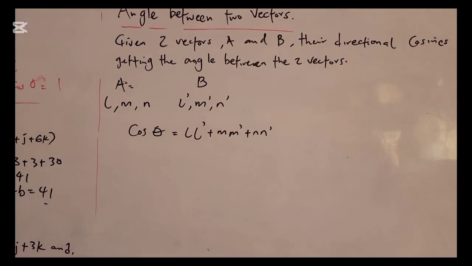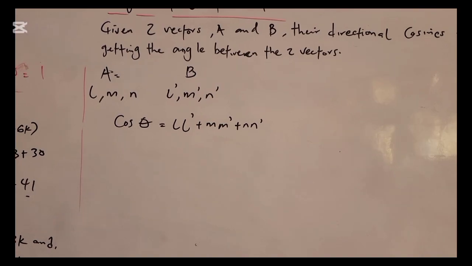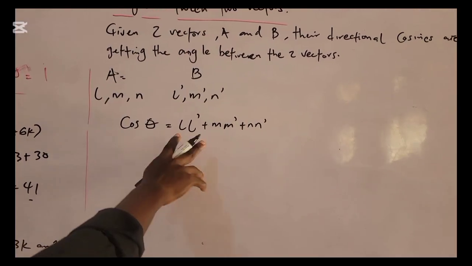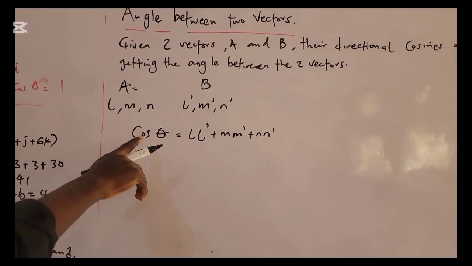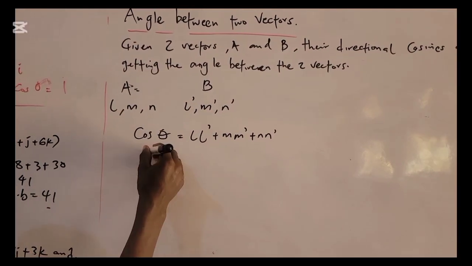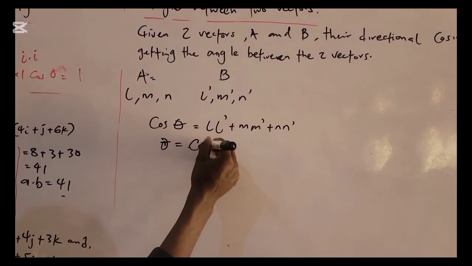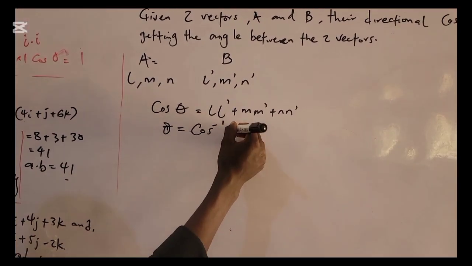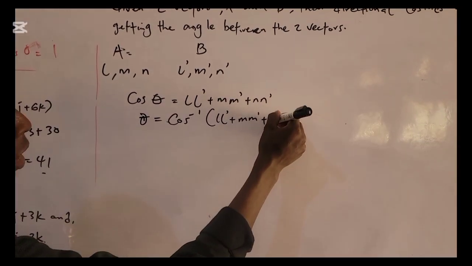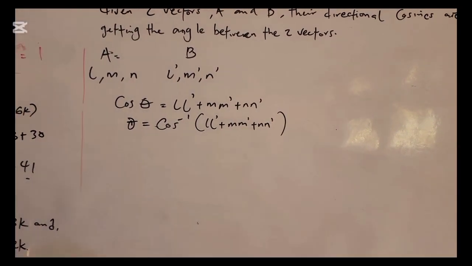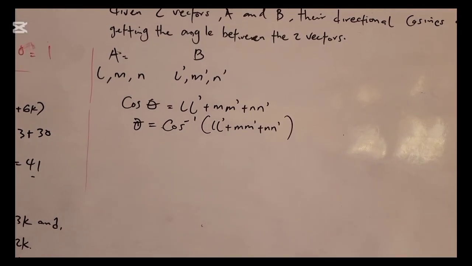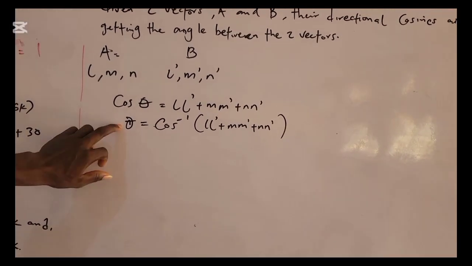The normal formula is l plus m plus n for each of them, but now that we are given two vectors, we have to combine them together. We are looking for the angle, so the angle equals cos inverse of l l prime plus m m prime plus n n prime. Now we can use that to get the angle.